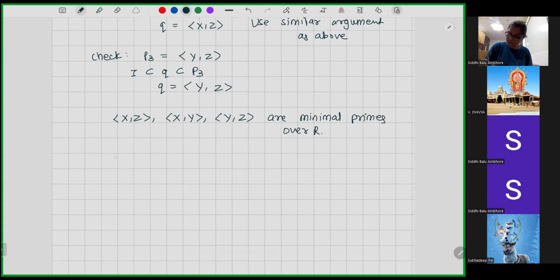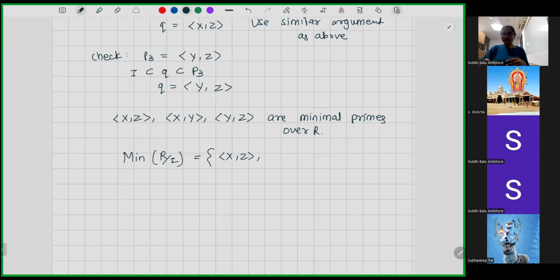In fact, they are the minimal primes of R mod I, because prime ideals of R mod I are all the prime ideals containing I. We know that.